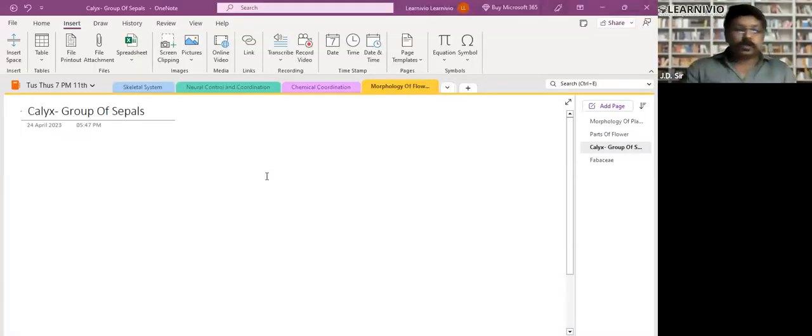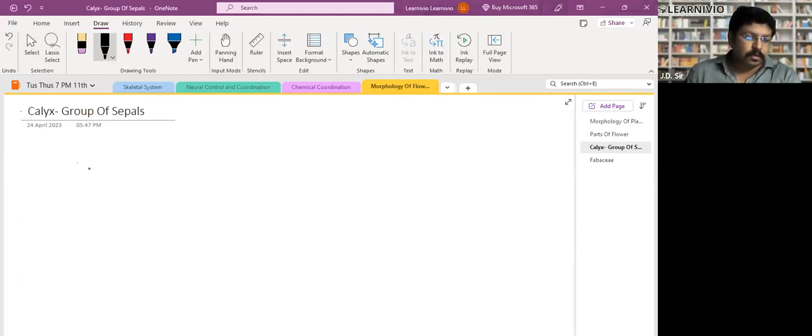The calyx is represented in this way. Sepals are represented in this way. That is the outermost whorl. So we represent calyx by K. They may be of two types: gamosepalous and polysepalous. So we have to represent two conditions.